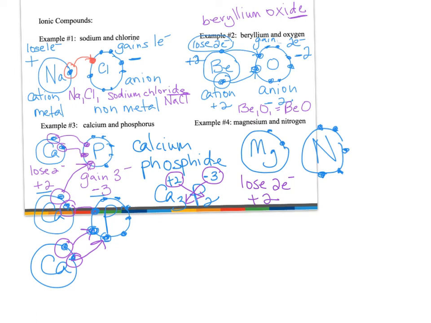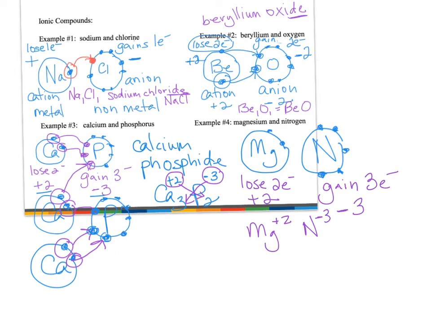So magnesium is the metal ion in this combination, and nitrogen has 1, 2, 3, 4, 5 valence electrons, so it wants to gain 3 electrons, and whenever you gain electrons you become more negative because electrons are negative, so it has a charge of -3. That's its ionic charge.